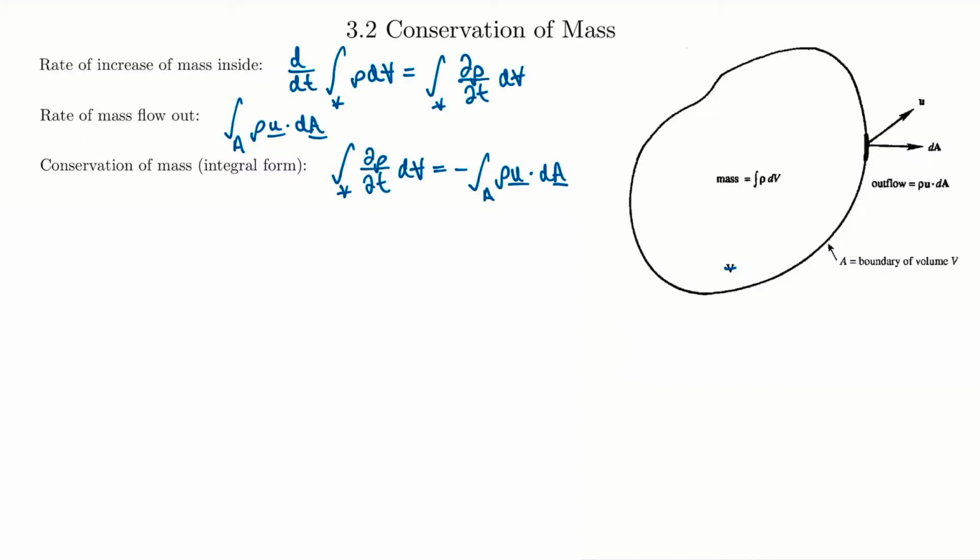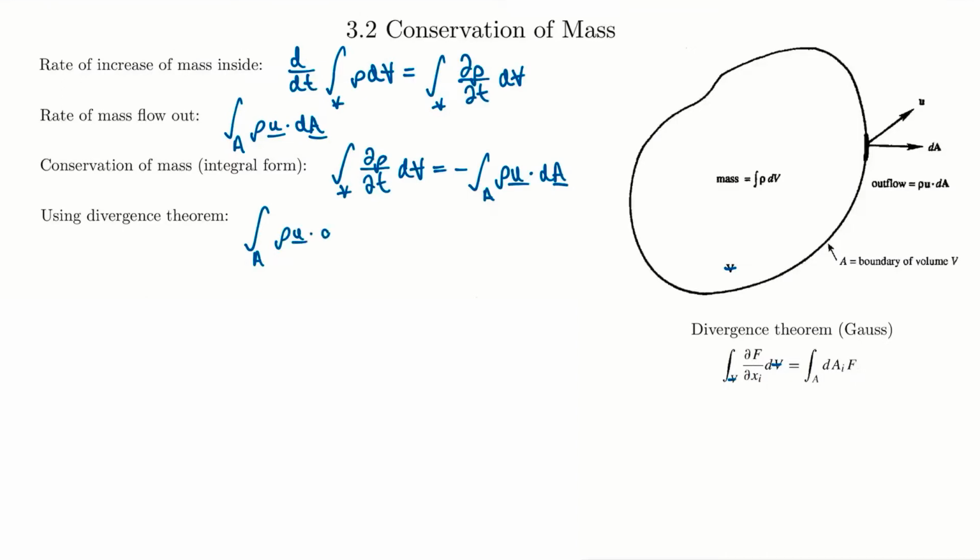But now we want to go to our differential form. We can do that by transforming our surface integral into a volume integral. We remember from what we learned earlier in this course, we can use Gauss's theorem, also known as the divergence theorem, which I've shown right here. So I'll rewrite this term on the right-hand side using the divergence theorem. So we went from this to this.